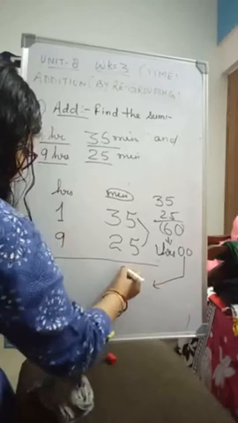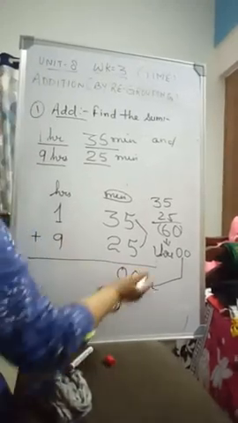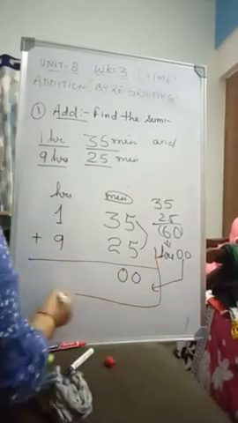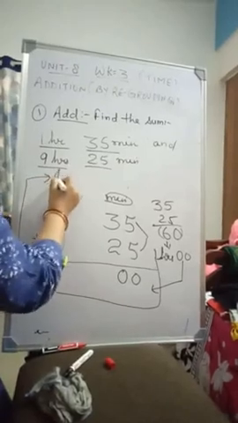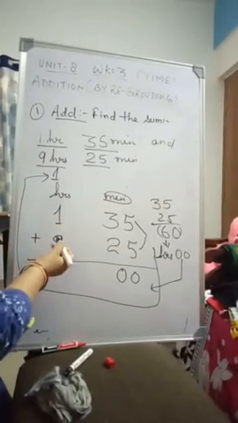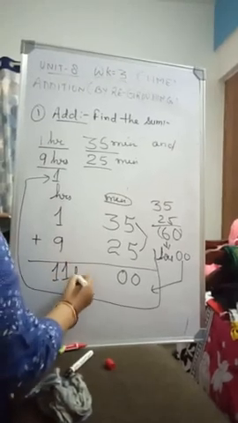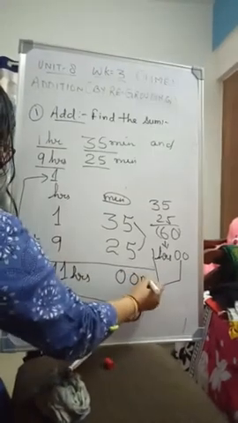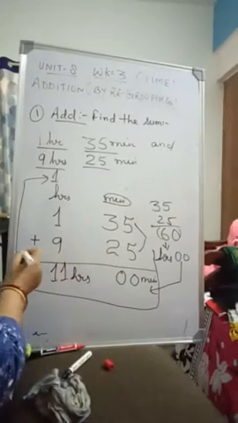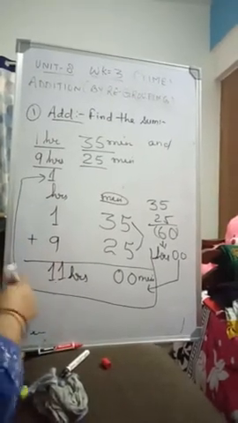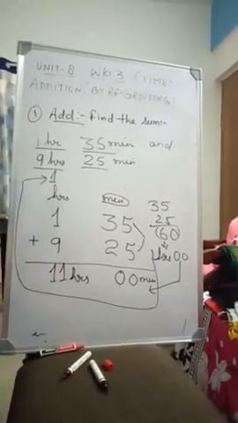This 0 will come in the minute section, and this 1 hour will go as a carryover in the hour section. Now 9 plus 1 is 10, plus 1, 11. So it is 11 hours and 0 minutes. So in this way you have to do question number 1.